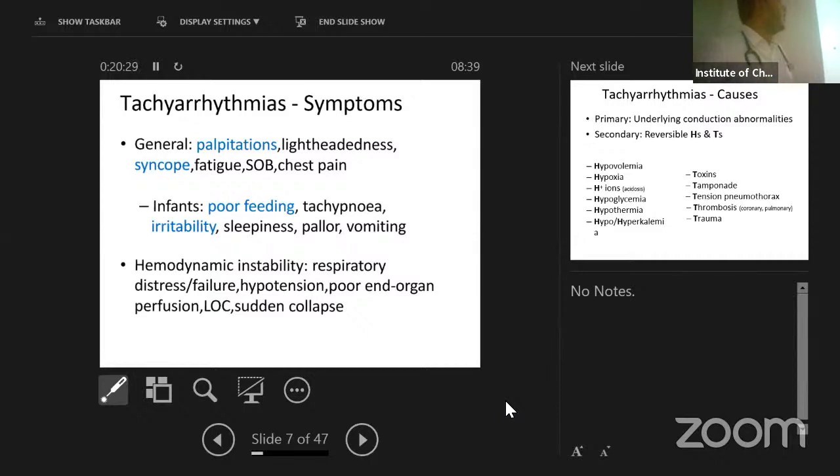So in the infant, we get poor feeding, tachypnea, irritability, sleepiness, pallor, and vomiting. Also, there can be hemodynamic instability and complications like respiratory distress or failure, hypotension, poor organ perfusion with increased capillary refill time, loss of consciousness, or sudden collapse.